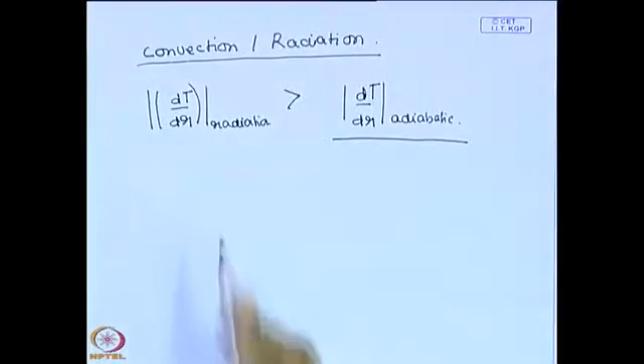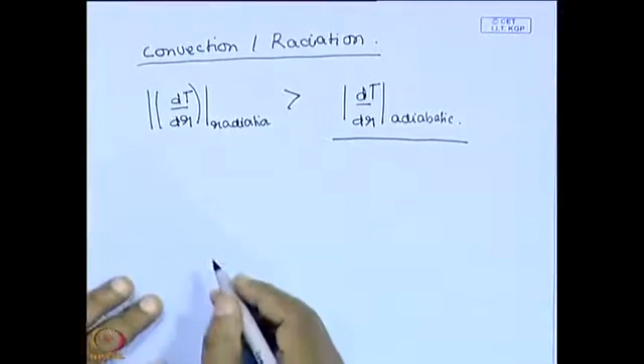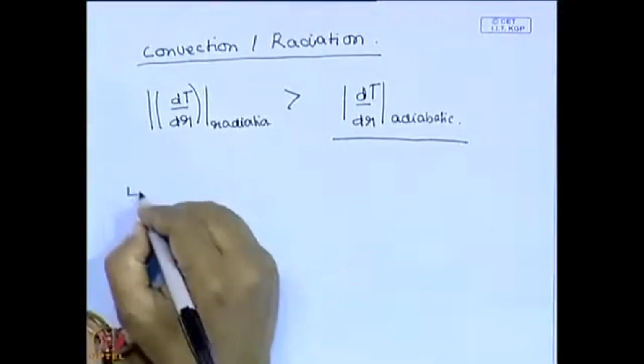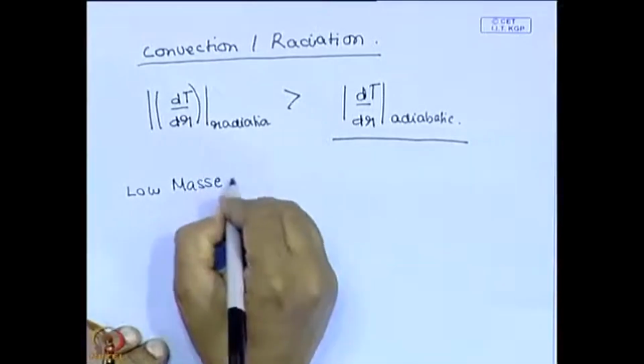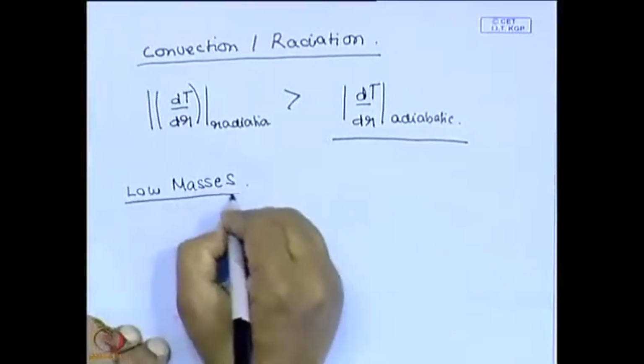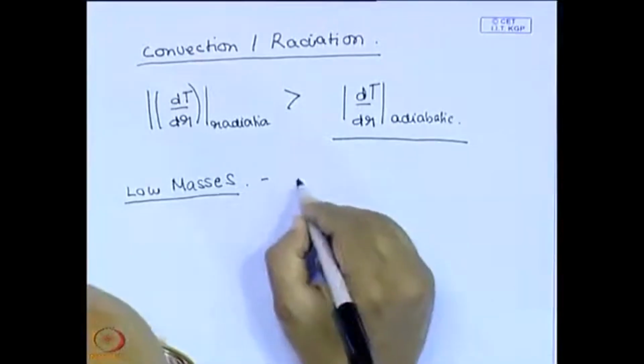Okay. Now, when you solve these 4 equations with the extra conditions that we have discussed, it turns out that for low masses the energy transport is entirely convective.